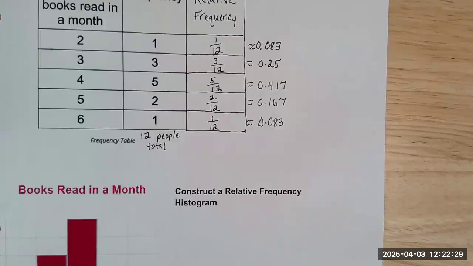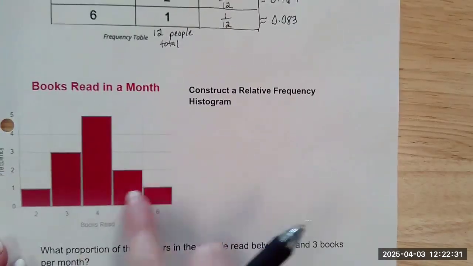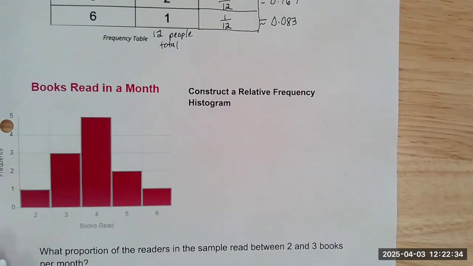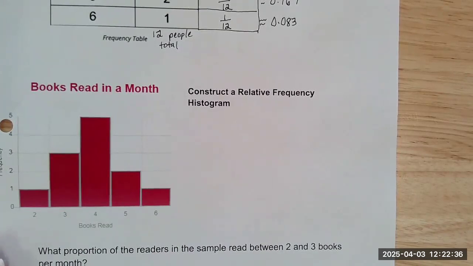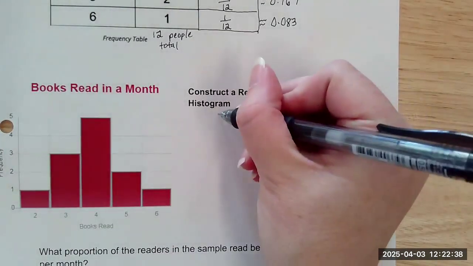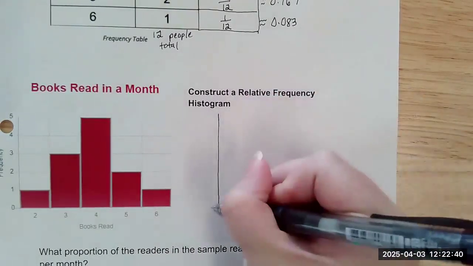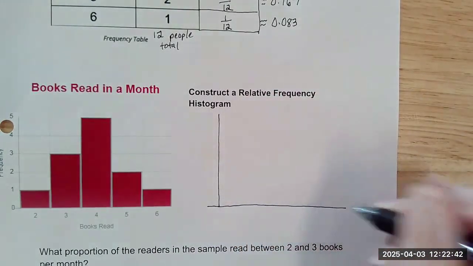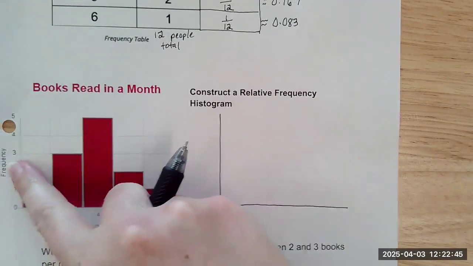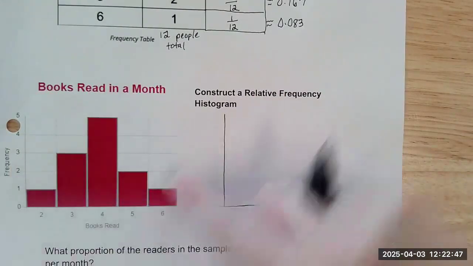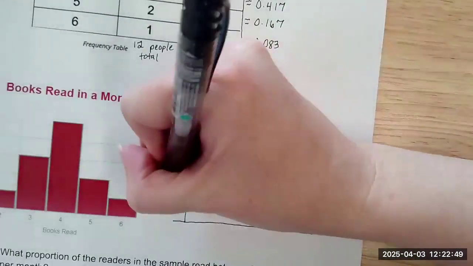And I did that so that I can make another chart that looks an awful lot like this one, but the labels are going to be different. So I'm going to go ahead and draw my axes in. But instead of writing frequency along the side like we did on this one, I'm going to write relative frequency along the side.